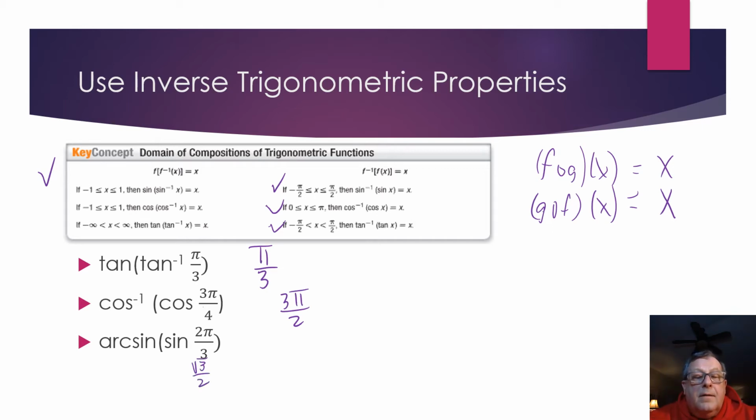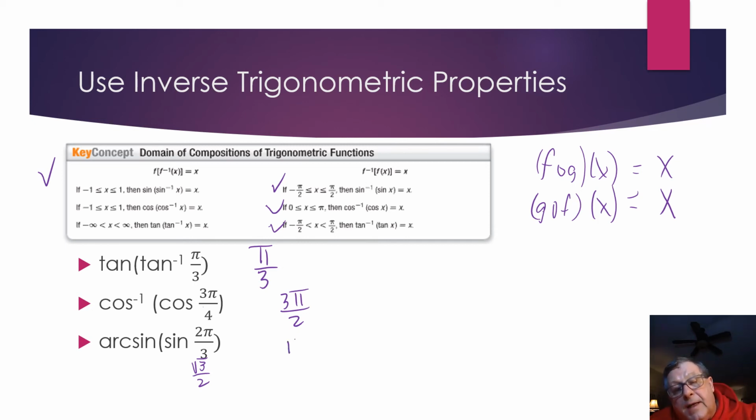All right, now let's take this in terms of where the domain is restricted on the right half. What would be the inverse sine, the angle measure in radians, when the sine is √3/2? Well, it'd be at pi over 3.